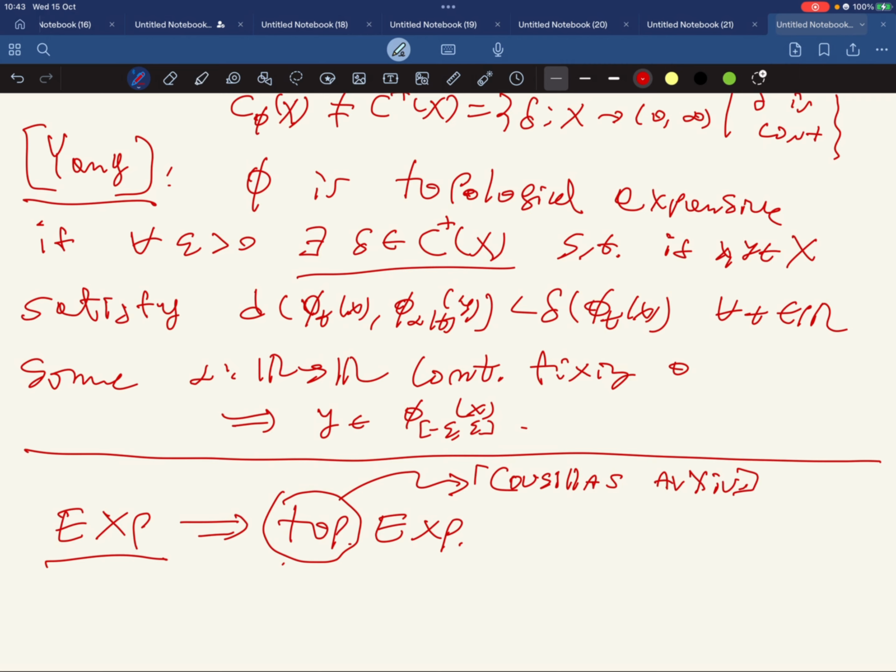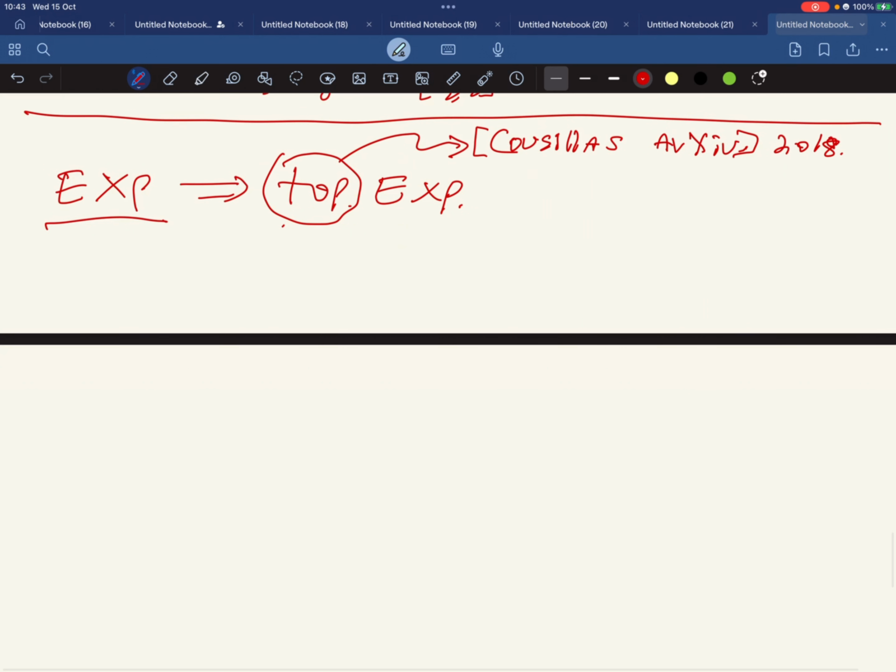I will not say precisely, but I think it's a 2018 paper in arXiv. Then we took that name from topological expansivity because we found it very appropriate to this situation to differentiate both definitions, the Yang definition from the Bowen-Walters definition, which are different. Okay.